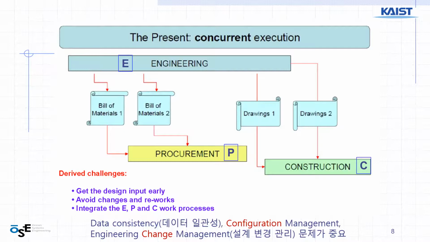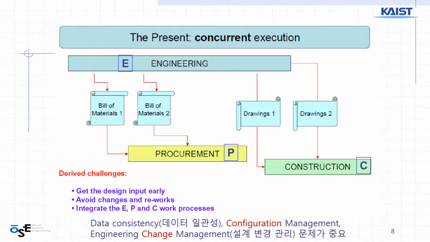And also in construction, the drawing is coming in terms of multiple versions of drawings because the design changes after procurement started, also construction started. So that there are small changes after construction started. So new updated version of drawing is coming late.